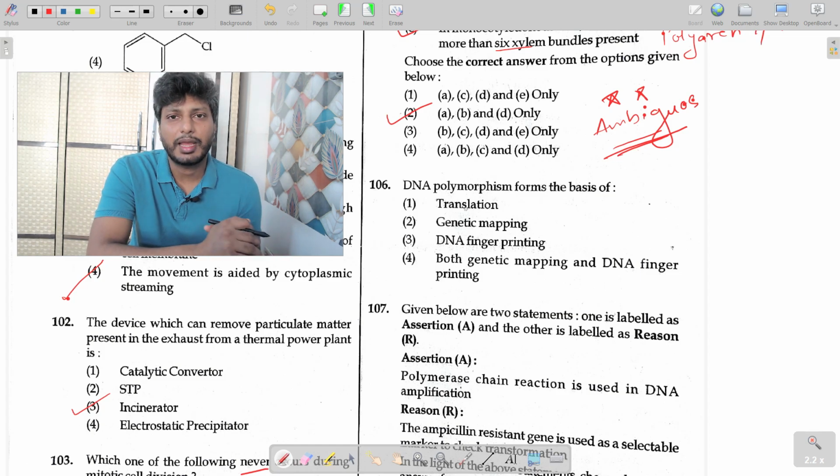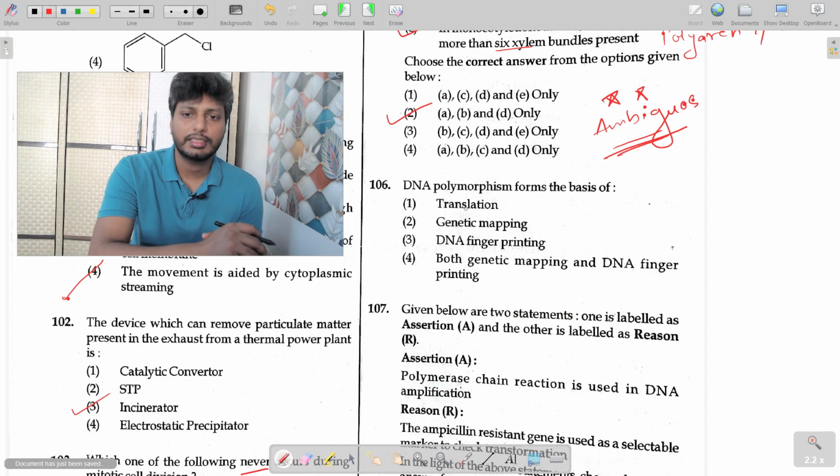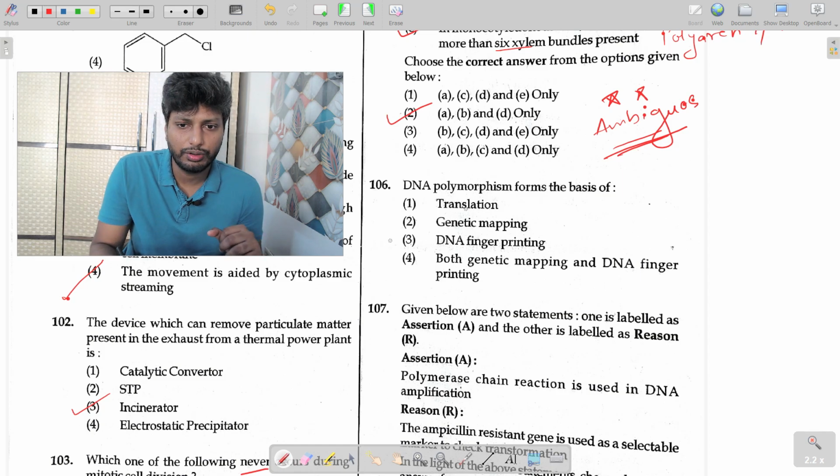So the VNTRs are matched, and if the VNTRs are matched between the parents and the children, there is a high chance that the child belongs to that particular parent, and this is the technique often used in paternity testing, right? Of course, also in crime cases. So DNA fingerprinting is the right answer to this question without any doubt.